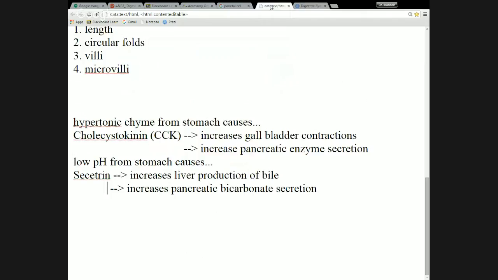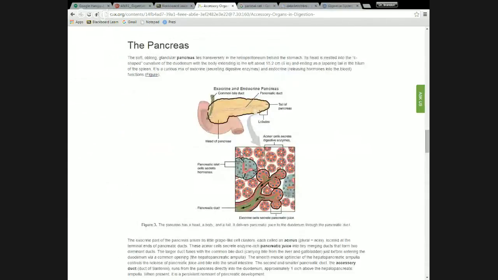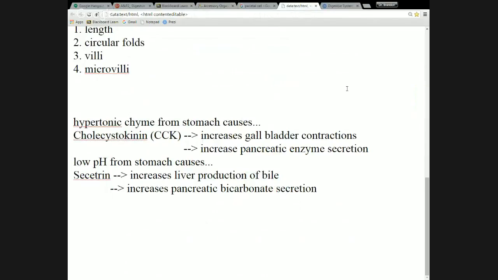Oops, not that picture. Go back here and point out the pancreas. I'm not going to really say too much about the pancreas because we largely talked about its structure in the endocrine system because it's responsible for releasing insulin from the pancreatic islets.